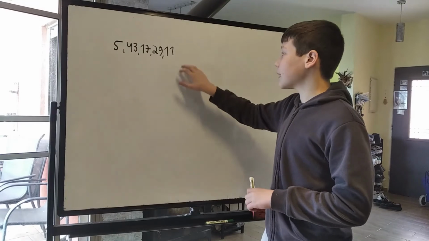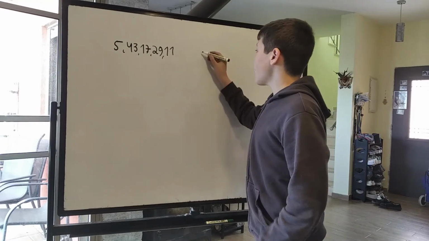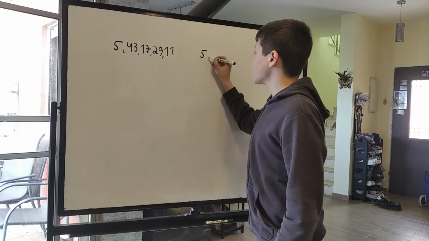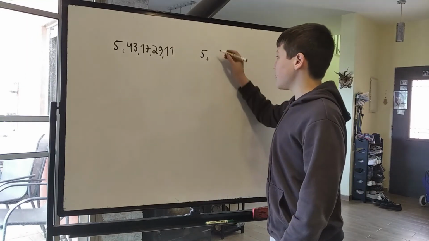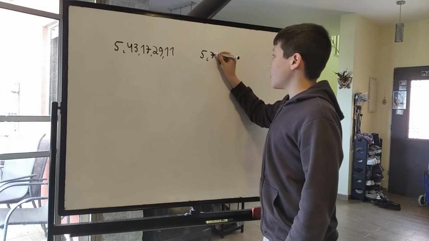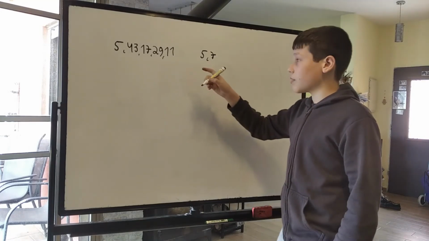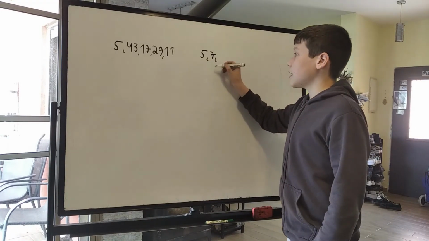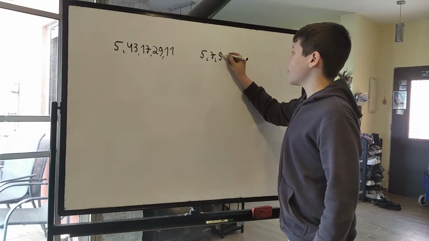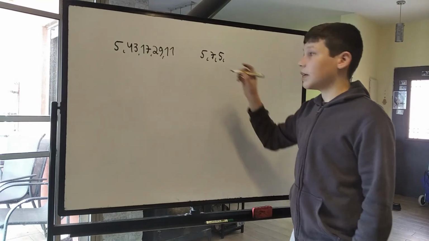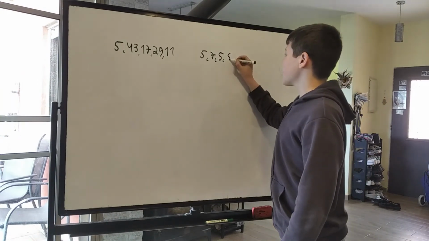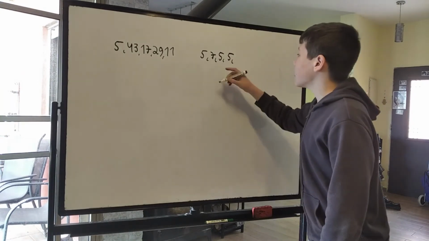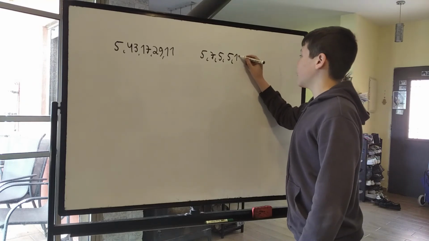So, let's look at these mod 12. 5 stays 5 mod 12. 43 mod 12 will be 7, 43 minus 36. Next, 17 will be congruent to 5. 29 will also be congruent to 5. And 11 will be congruent to 11 still.